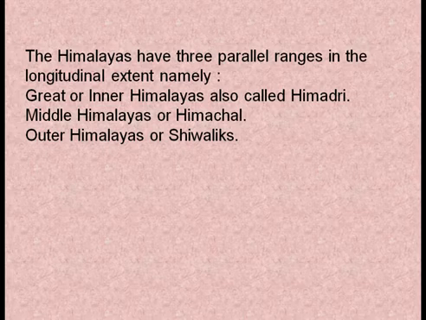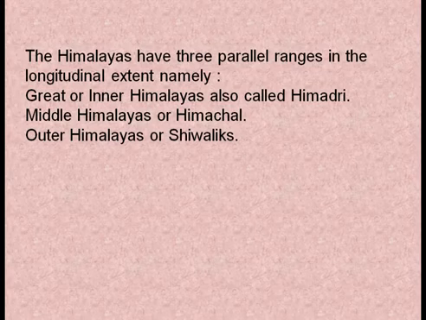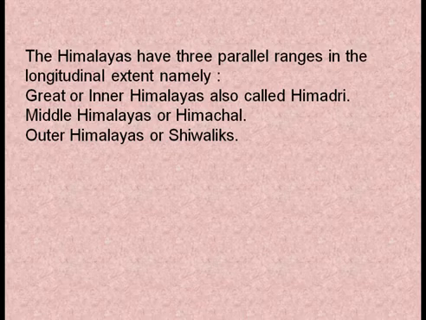You have to explain how the word Himadri is placed. Him means ice, snow; they are covered with snow every time. Middle Himalaya, Himachal, where the duns are there, Kotli Dun, Patli Dun, like Dehradun. Outer Himalayas or Shivalik, you have to explain the points, and write the facts and figures for that.